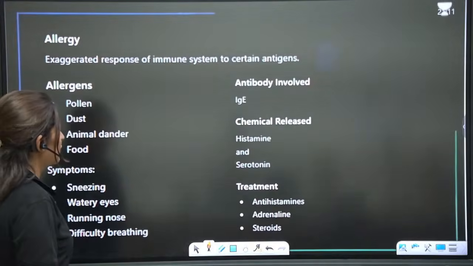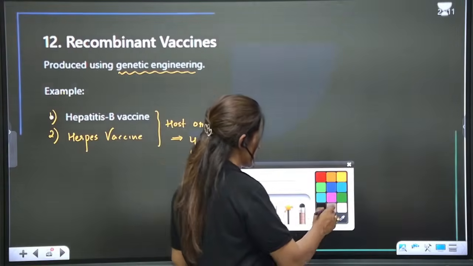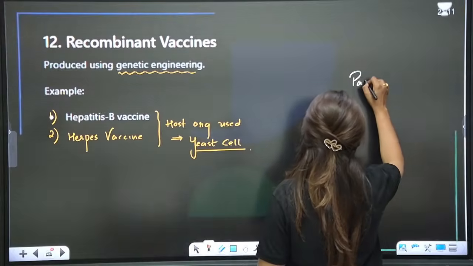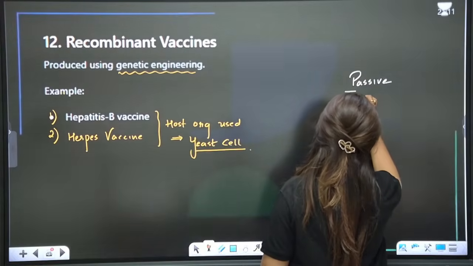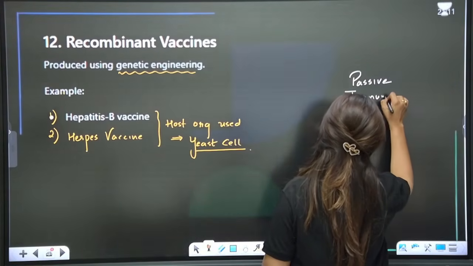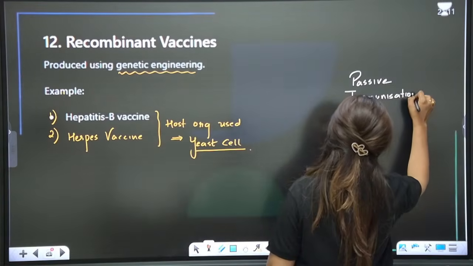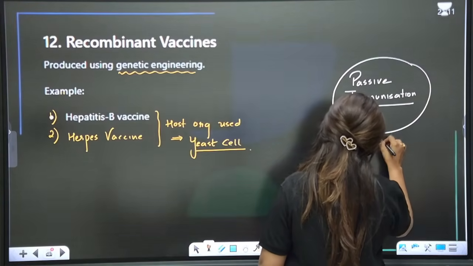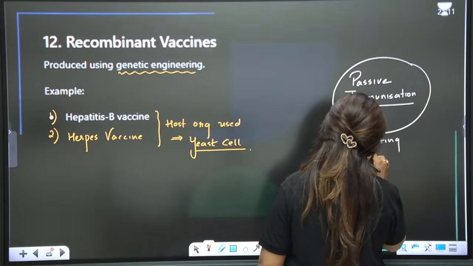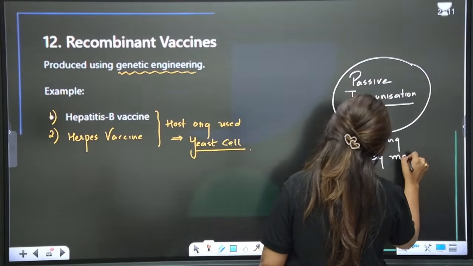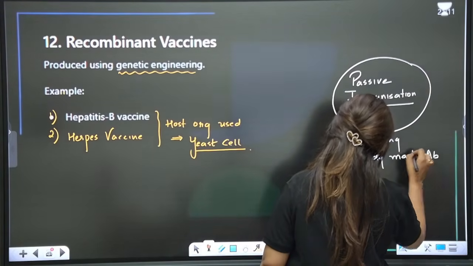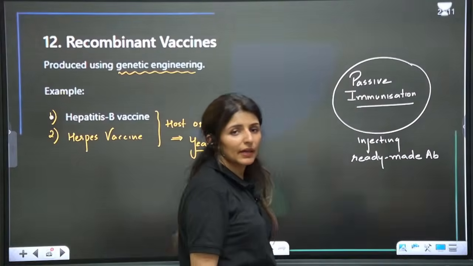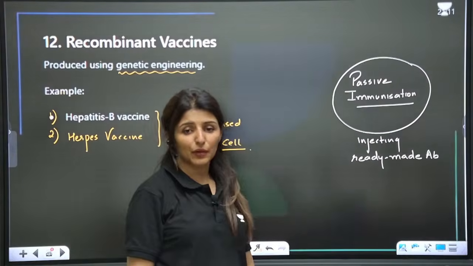And guys, then we have passive immunization also. What is passive immunization? In passive immunization, we directly give the ready-made antibodies. Injecting ready-made antibodies is called passive immunization.